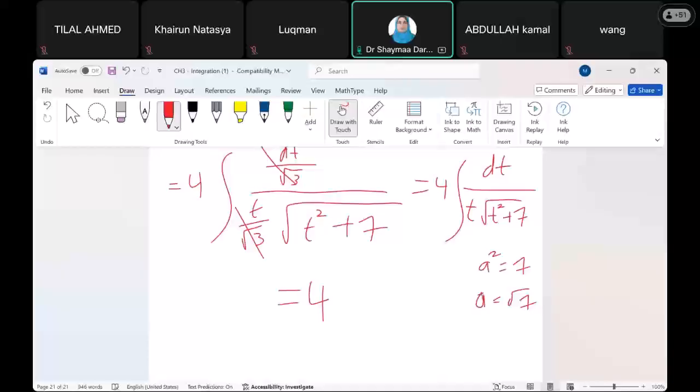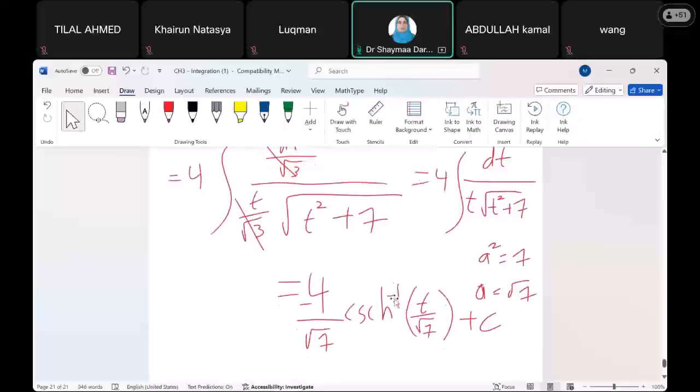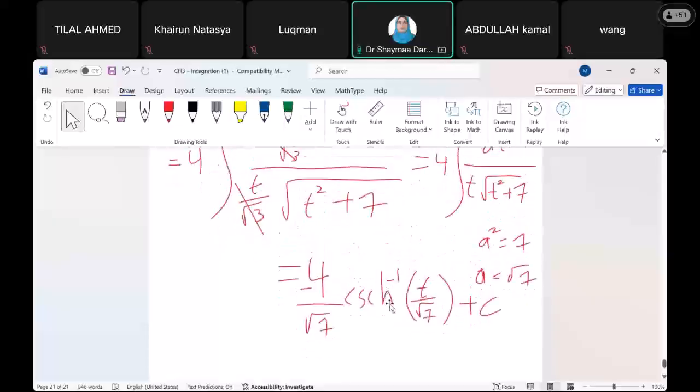So here minus 1 over a, inverse secant of t over square root of 7, plus constant. This is the formula of inverse secant of t.